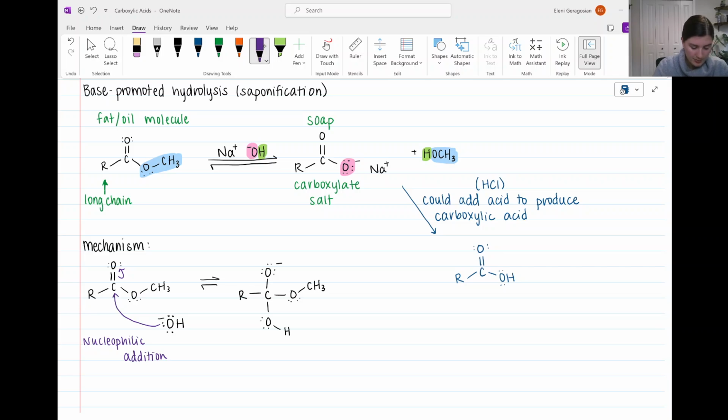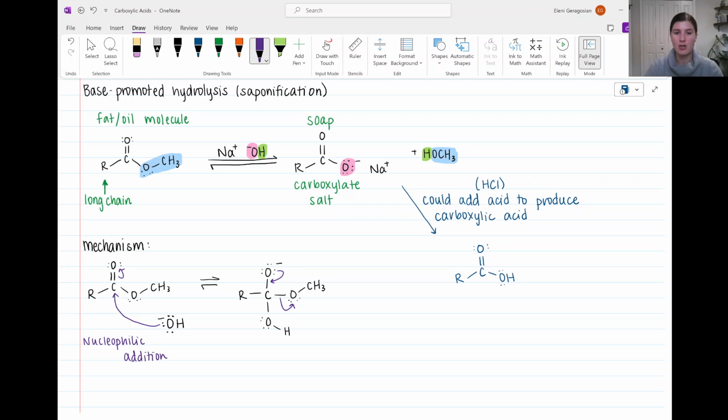Now in this next step, to promote the forward reaction to produce our carboxylate salt, we have this negatively charged oxygen, and that will kick off that methoxy group. So it will recreate a double bond between the oxygen and the carbon, and the OCH3 group will leave as an ion. It's okay to leave as an ion here because we're not in acidic solution, so nothing's getting protonated before it could exist as a negative ion, as an anion.